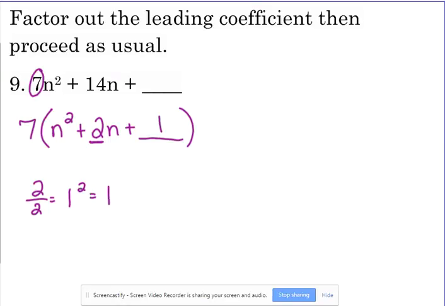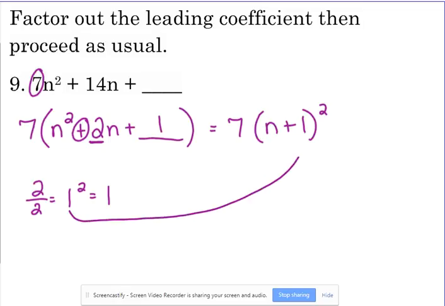So 1 completes the square, and this factors into 7 times (n + 1) squared. Plus because the 2 was positive, and we squared 1, so that number goes right there. Okay, not too bad, right?